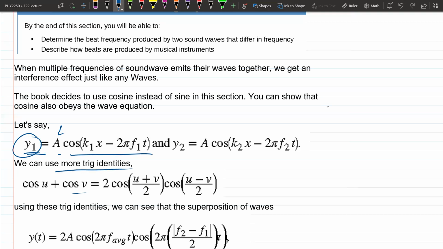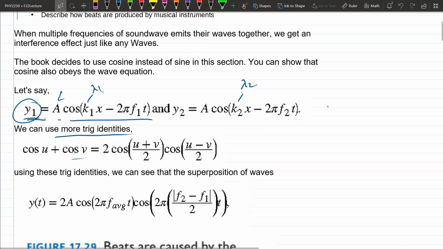Okay, so now we're going to use more trig identities. This is lambda 1. This is lambda 2. If you add two different cosine functions together, it's the same thing as twice the product of two cosine functions, with the sum of the arguments divided by 2 in one and the difference divided by 2 in the other. Okay, so let's go through the little bit of trig identity math.